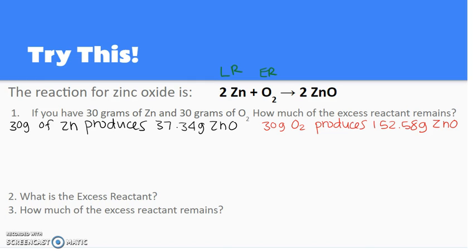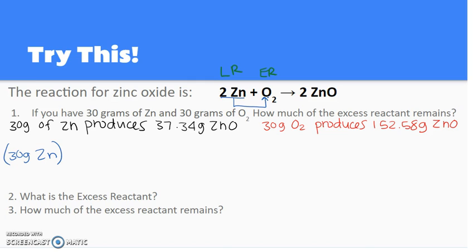Now, what we need to do from here is figure out if we use all of our zinc, how much oxygen do we need? So we're going to start again with our 30 grams of zinc. With that 30 grams of zinc, we want to go from zinc into oxygen, using the ratios that exist in this equation and the molar masses of the compounds.